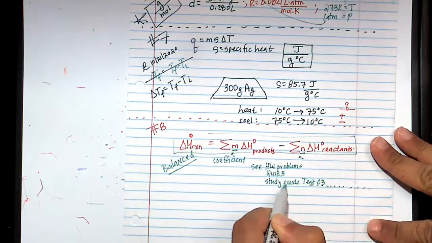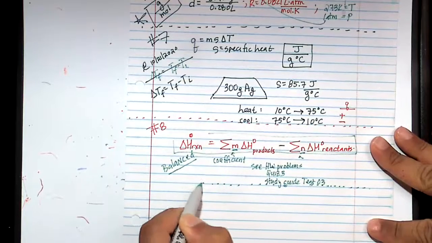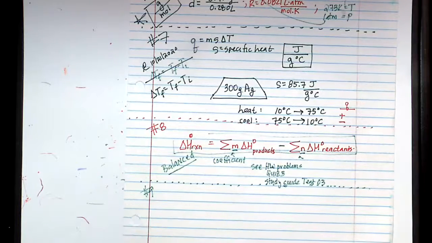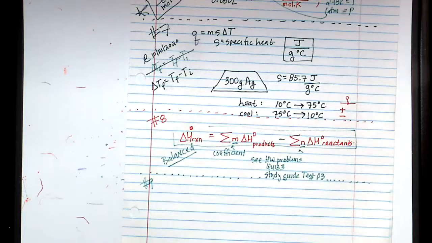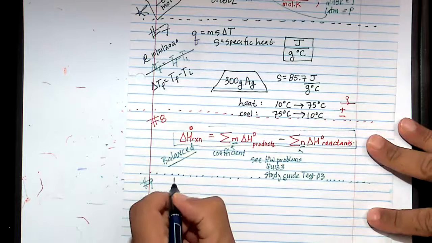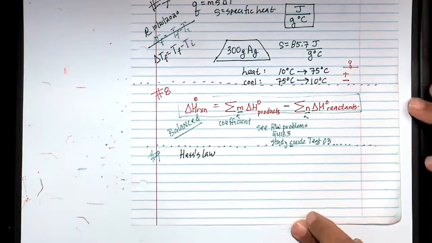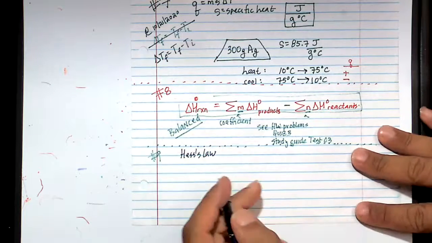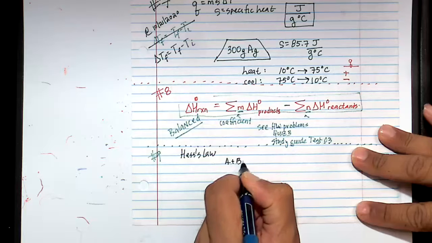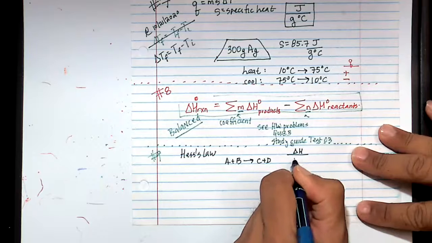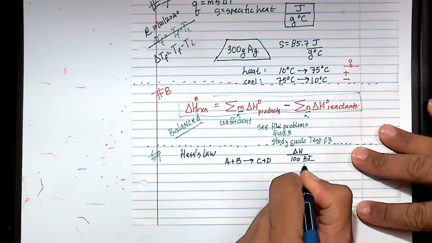All right, the last five or so minutes, rounding things up, summarizing things with regards to Hess's law. Let's say you have an equation here, A plus B goes to C plus D, and I tell you that delta H for this reaction is 100 kilojoules per mole.